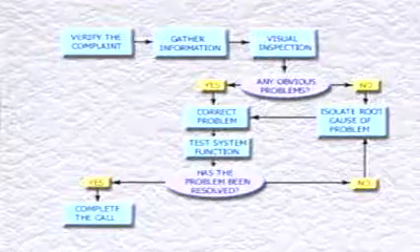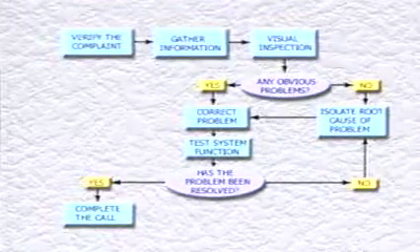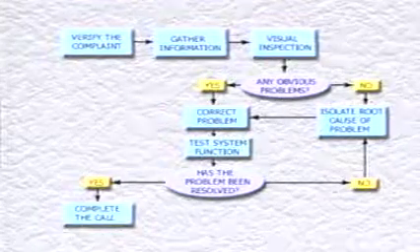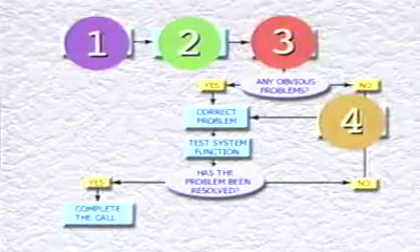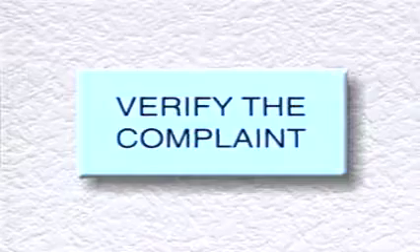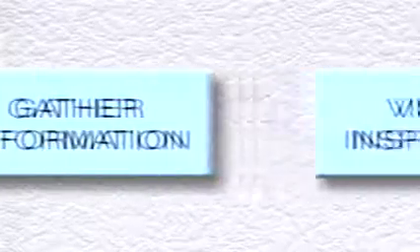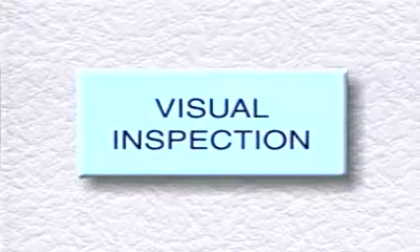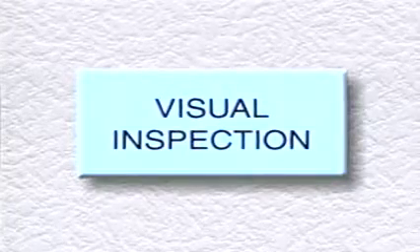The skill of troubleshooting is a process of elimination that can be broken into 7 steps. First, verify the complaint. Then, gather information about the problem. Perform a visual inspection to look for obvious problems.